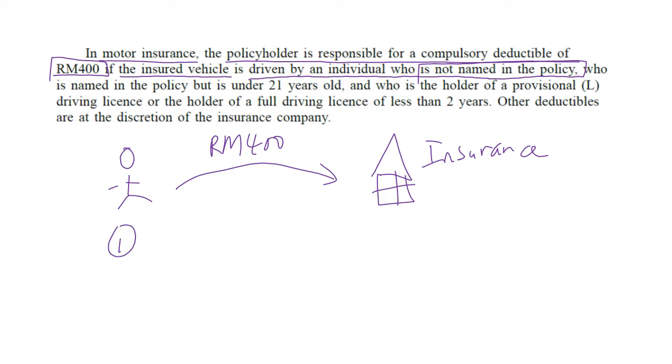The first requirement is when the individual is not named in the policy. Maybe somebody drove the car, not named in the policy.